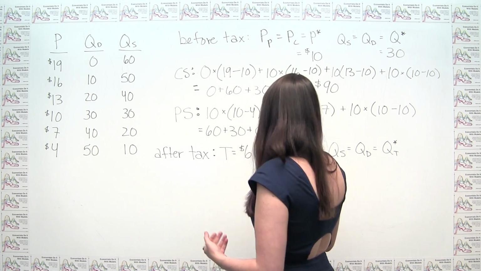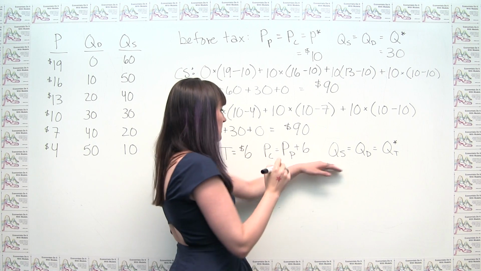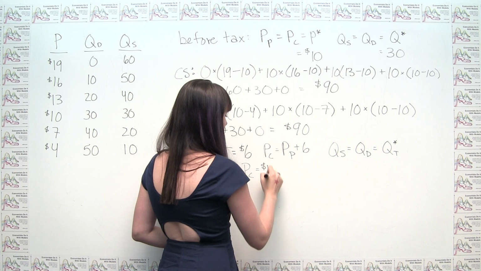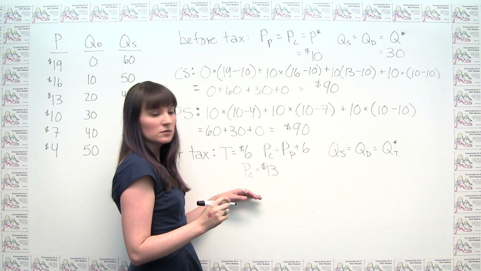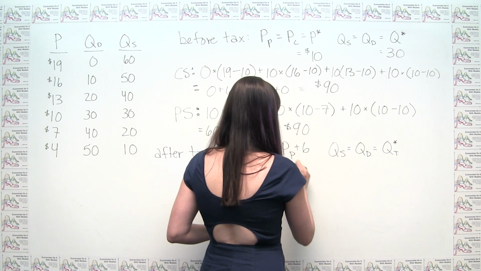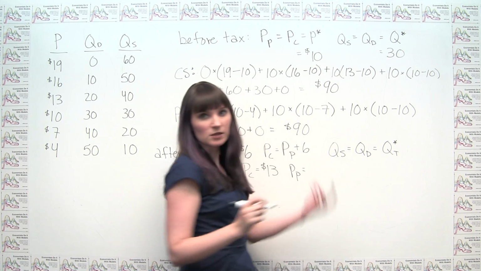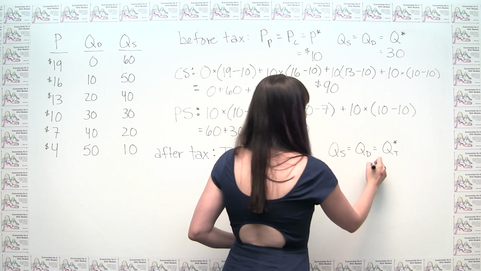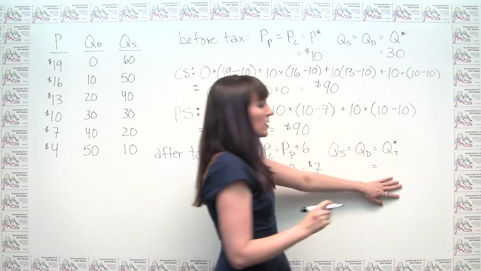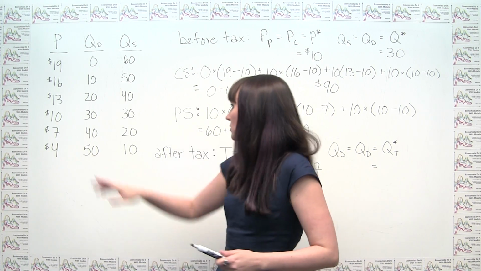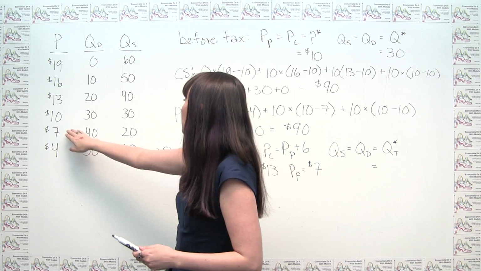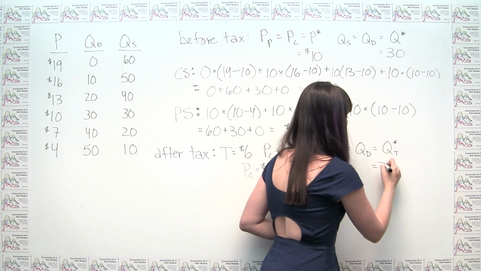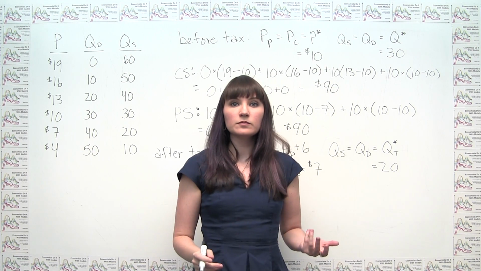So what this means is that in this equilibrium, our price to the consumer is equal to $13. Our price to the producer, not surprisingly, is $6 below that, at $7. And our equilibrium quantity with our tax, which is the quantity that corresponds to either one of those points, is a quantity of 20.